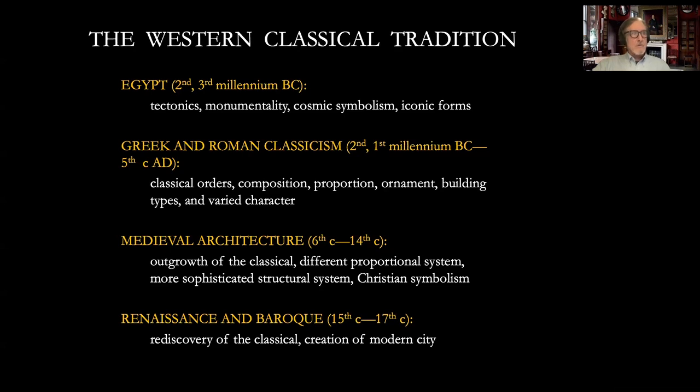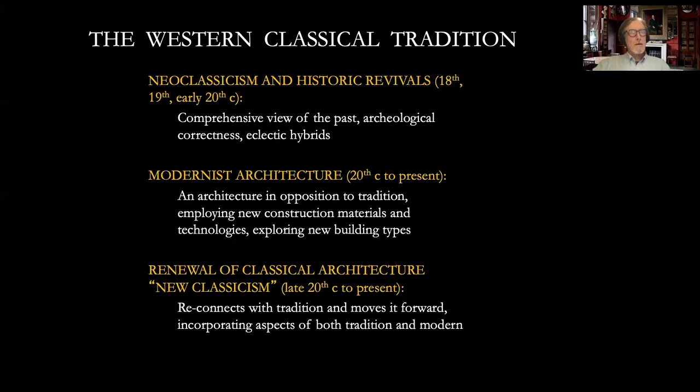Also, we see the creation of the modern city. So the European cities that we know and love today, for example, and their conception was established in the Renaissance and the Baroque periods.